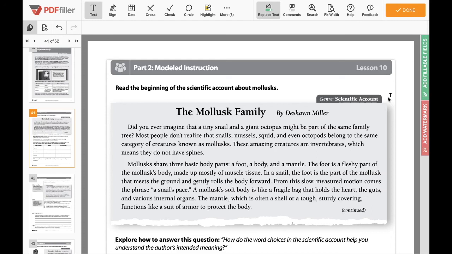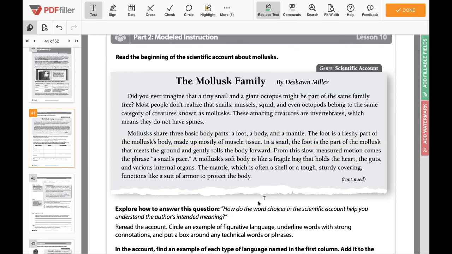The foot is the fleshy part of the mollusk body, made up mostly of muscle tissue. In a snail, the foot is the part of the mollusk that meets the ground and gently rolls the body forward. From this slow, measured motion comes the phrase, a snail's pace. A mollusk's soft body is like a fragile bag that holds the heart, the guts, and various internal organs. The mantle, which is often a shell or a tough, sturdy covering, functions like a suit of armor to protect the body.